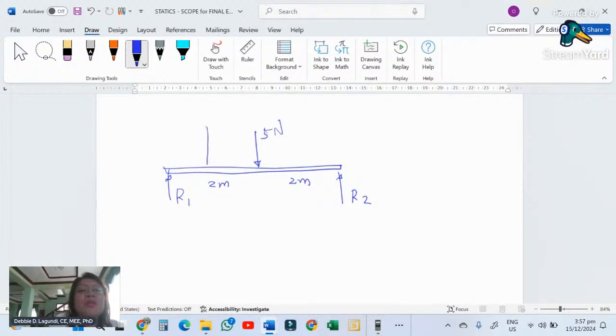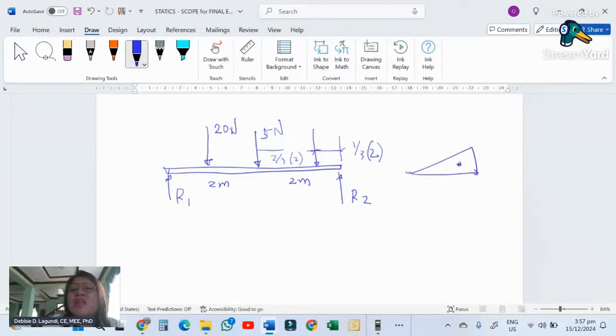The 20 newtons is here as the resultant of the uniformly distributed load. The triangle will be here, which is 1/3 of 2 from here, or 2/3 of 2 from the other end, because in a triangle, the CG is located 1/3 the base from one end and 2/3 from the other. So this is 15 newtons.